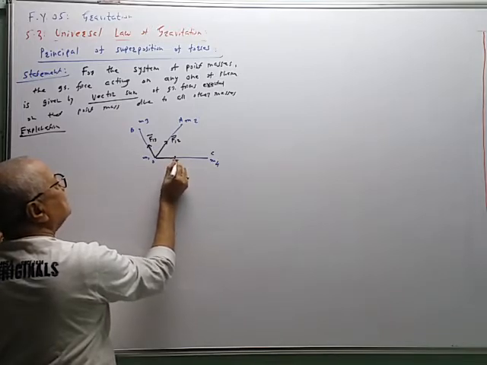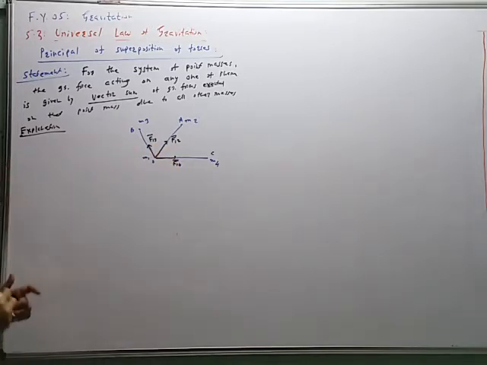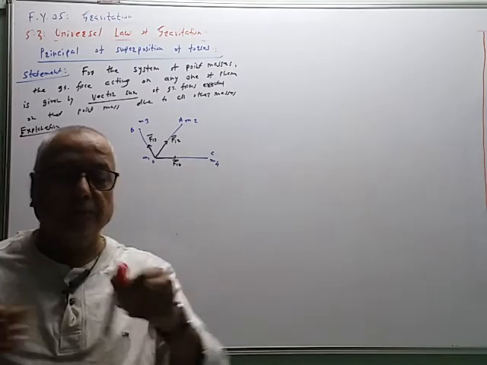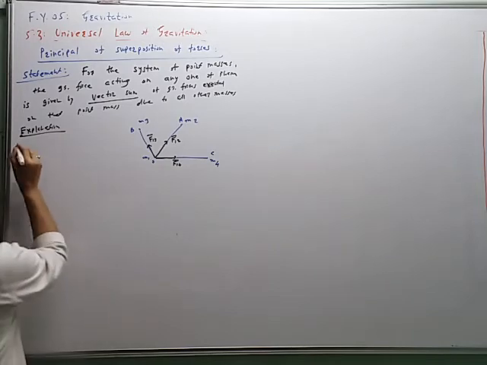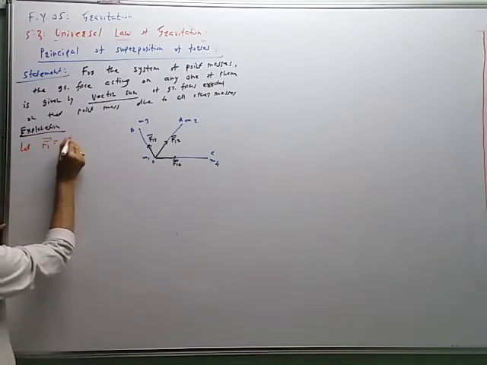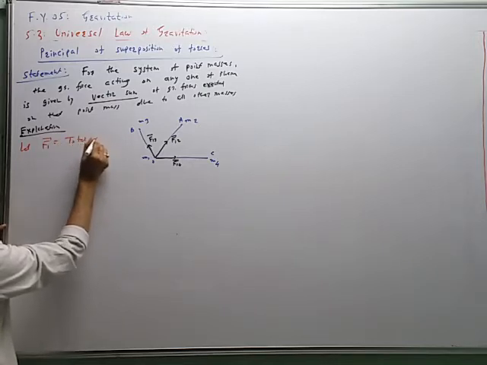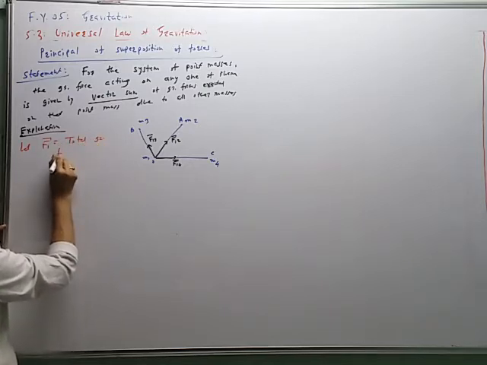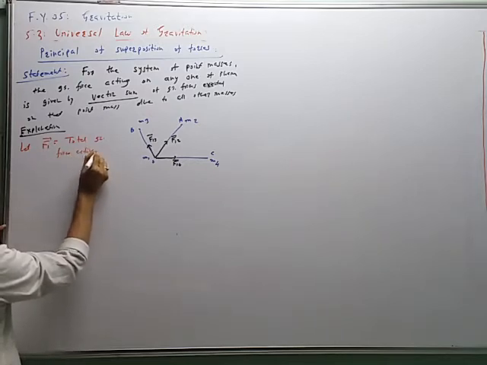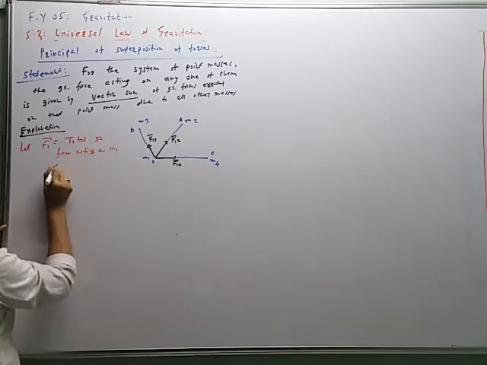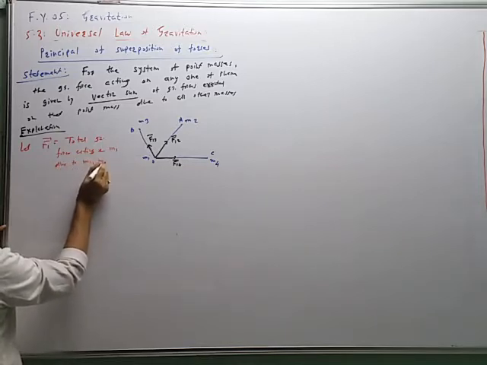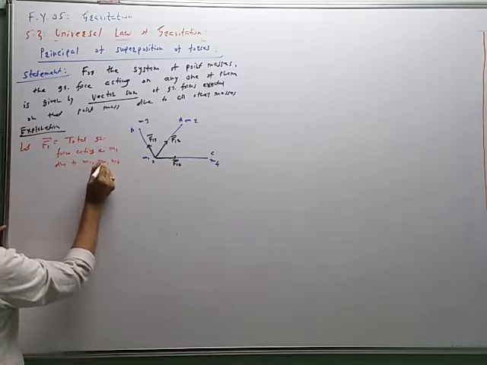So there are 3 forces acting on this particle of mass m1. So let F1 be equal to the total gravitational force acting on m1 due to m2, m3, m4.